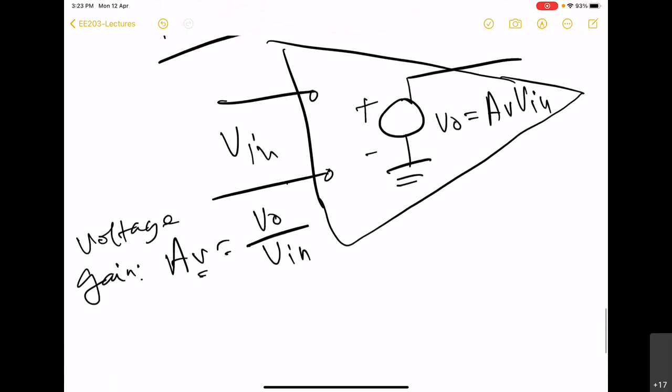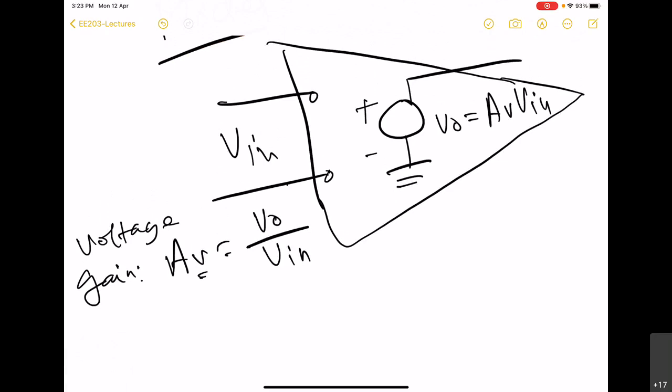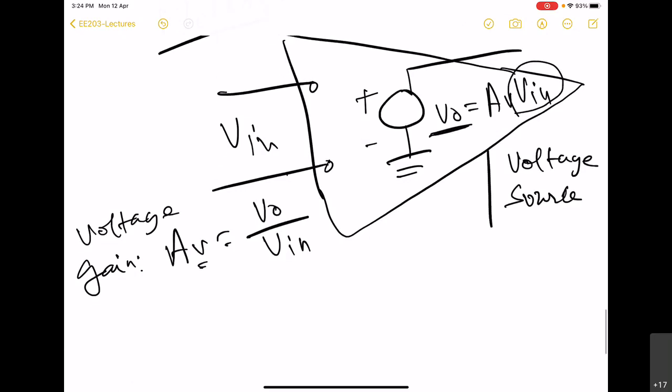Now here we see that on the output side, it is like a voltage source. So on the output side, it is a source, but the strength or the value of the output voltage is being decided by an input voltage, V in. So what this says is that this amplifier, which amplifies the input voltage, is also like a voltage source, but it is a dependent voltage source and it depends upon the input voltage.